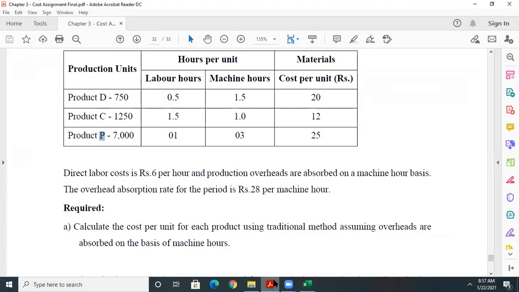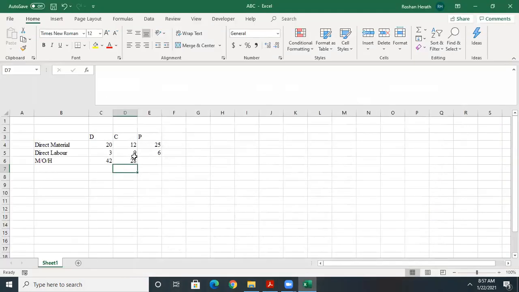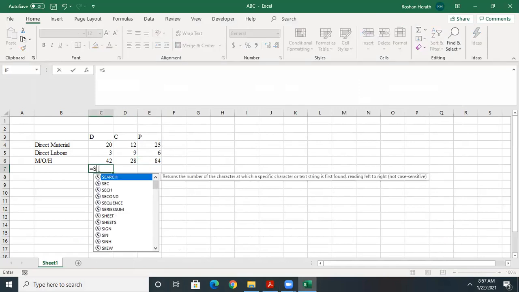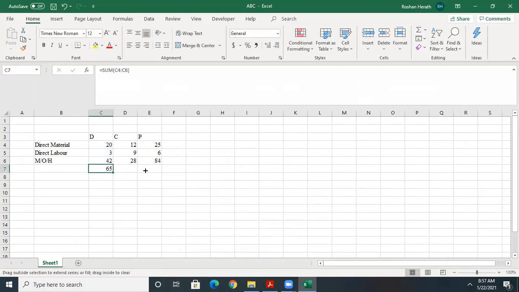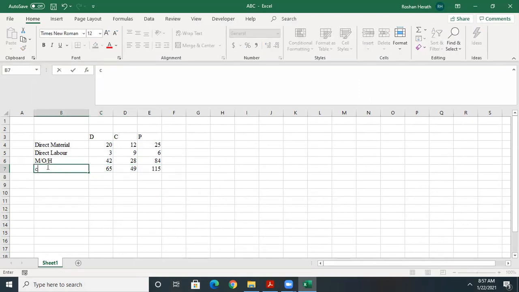And then you have 3, so that is 3 into 28. Consequently, once you work that out, you would come up with the product cost under the traditional costing system. So this is the cost per unit.